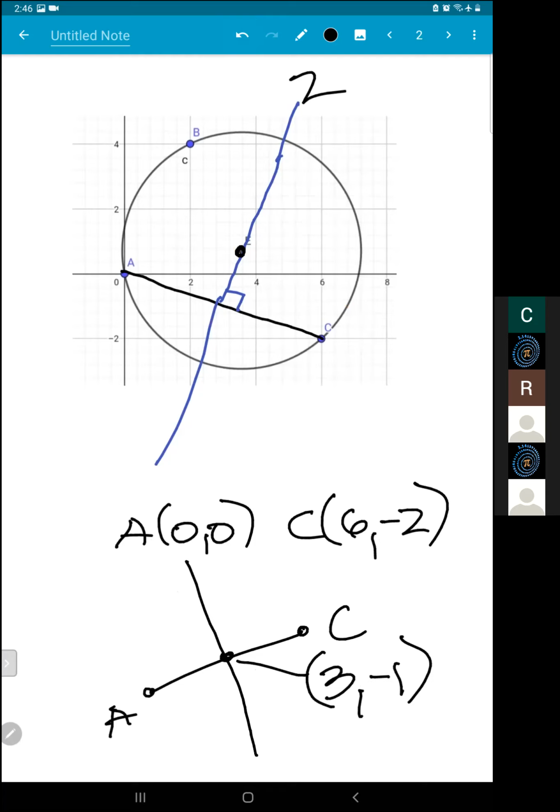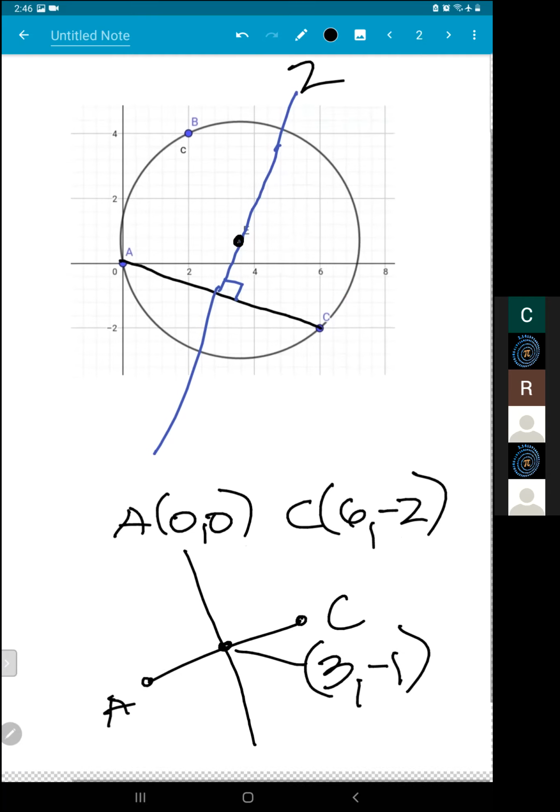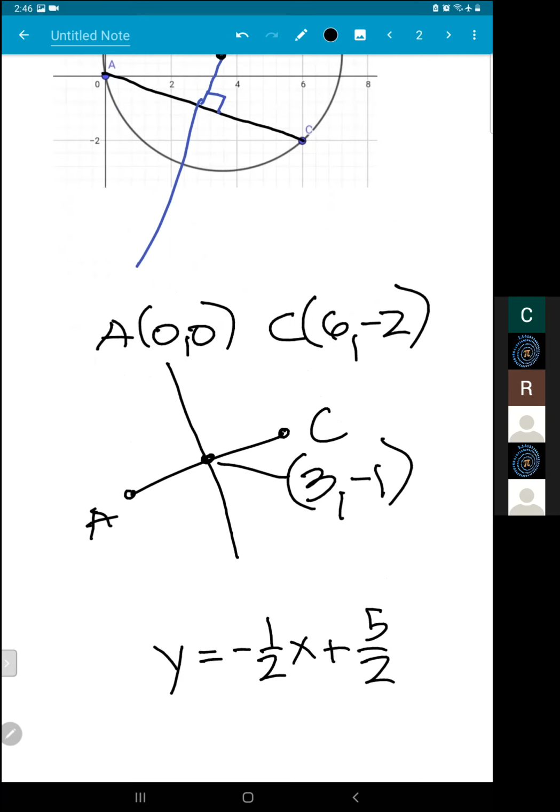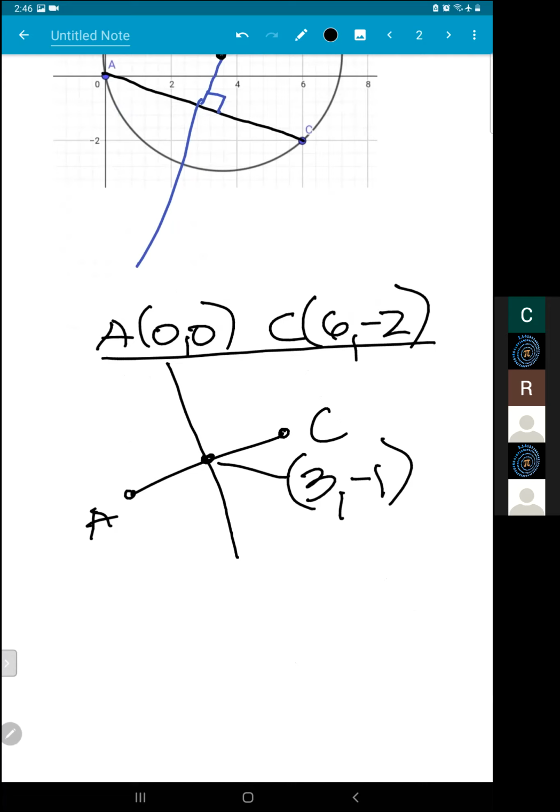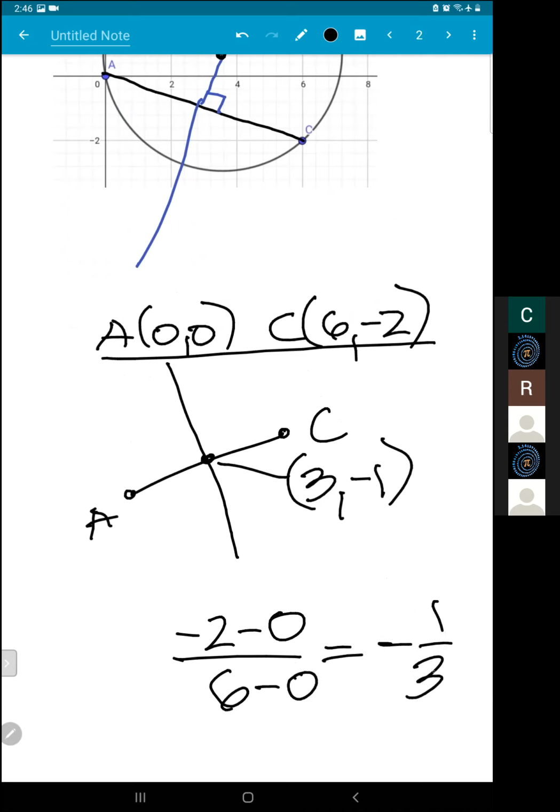And then the slope, again, change y2 minus y1 over x2 minus x1. The negative reciprocal. So the slope is 3.